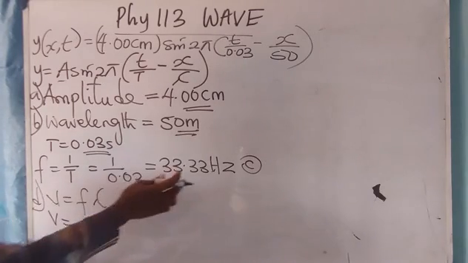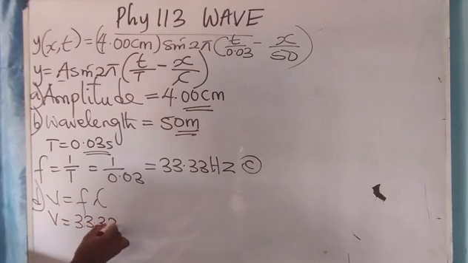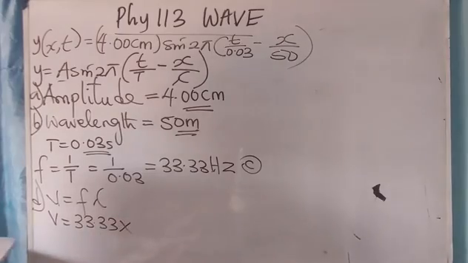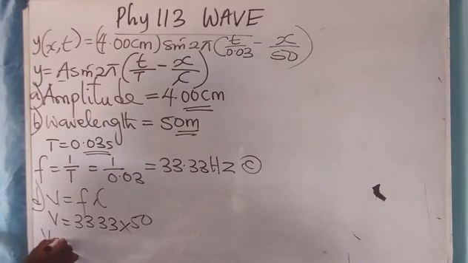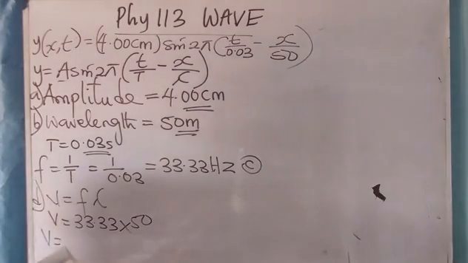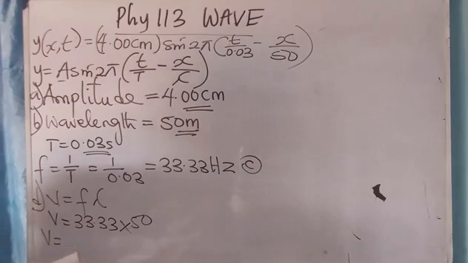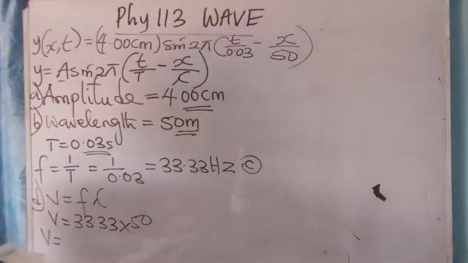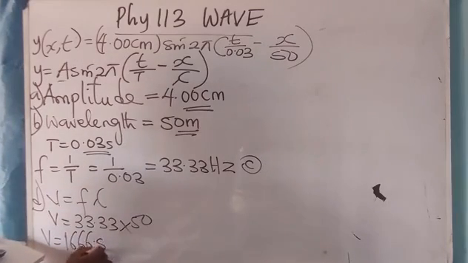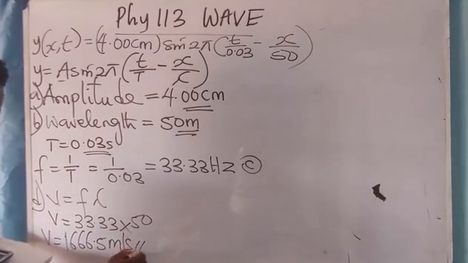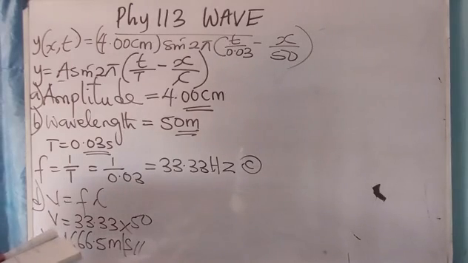We got a frequency just now, 33.33, and the wavelength is 50. So velocity is equal to 33.33 times 50 equals 1666.5 meter per second. So that is what we have gotten.